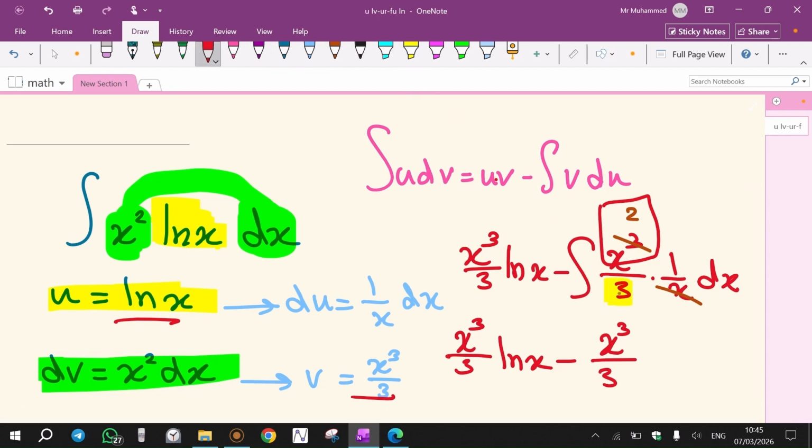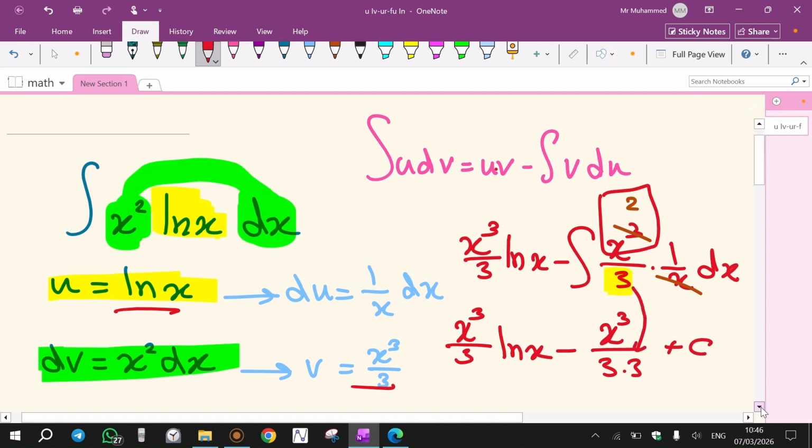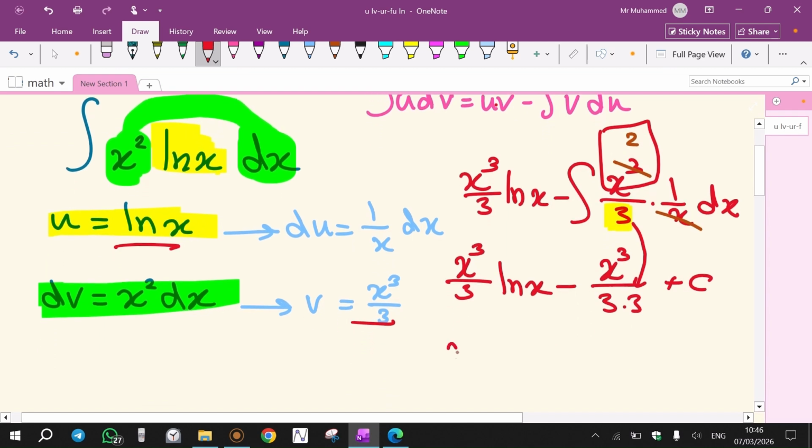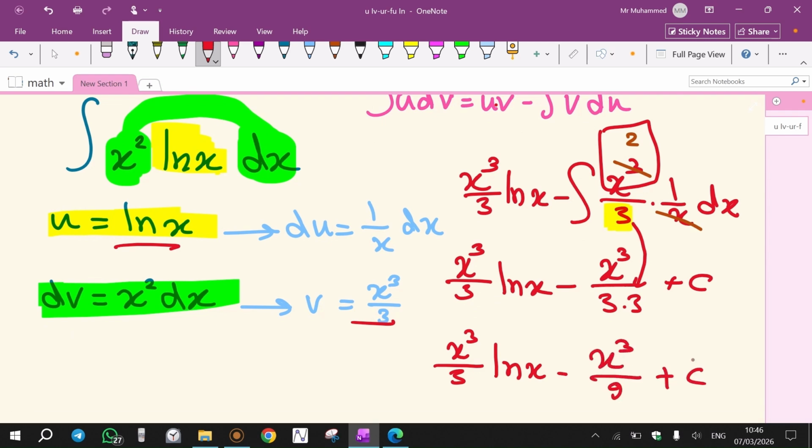Division won't cancel. Division stays. The 3 stays. This 3 is the result of integration, x power 3 over 3, and this 3 just stays. And there's always plus c. Now 3 times 3 is 9. I can just write x power 3 over 3 ln x minus x power 3 over 9 plus c.